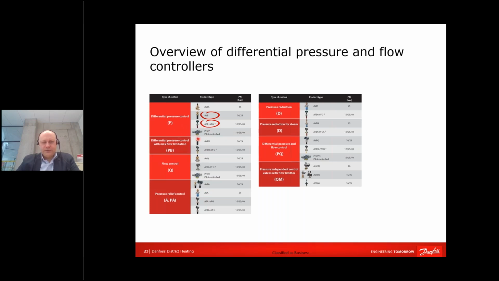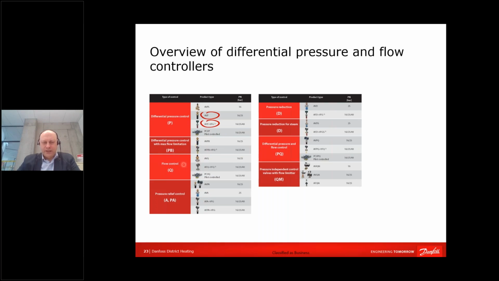But these large control valves might be used in applications with pipes of DN 200, 250. We have also differential pressure control with max flow limitation.